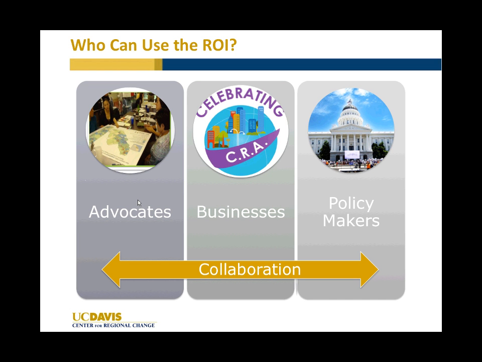And so we developed this Regional Opportunity Index that was enabled with the generous support of Rabobank. They were interested in this tool in part for their own internal investment opportunities and, in part, compliance with the Community Reinvestment Act, but really wanting to know what kind of impact business investments have in local communities.